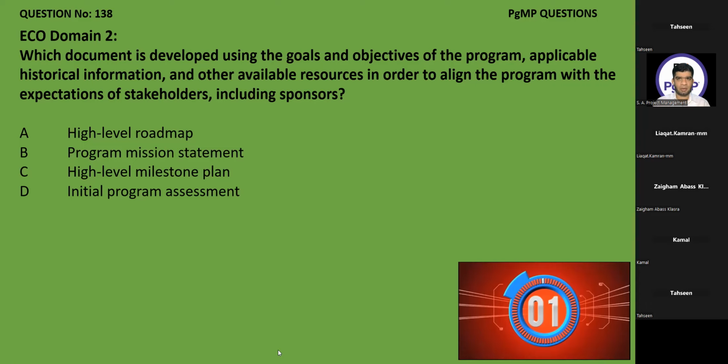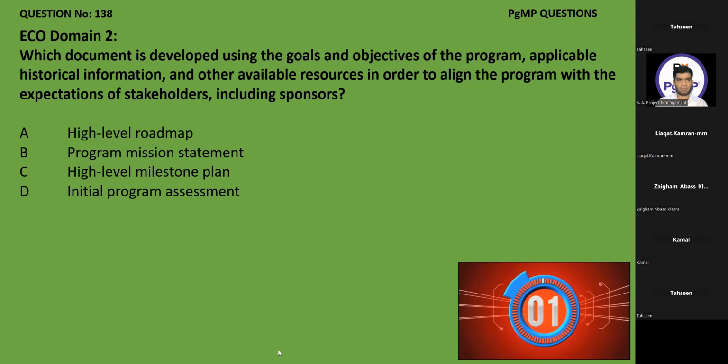Which document is developed using the goals and objectives of the program, applicable historical information, and other available resources in order to align the program with the expectations of stakeholders, including a sponsor? The options are high-level roadmap, program mission statement, high-level milestone plan, initial program assessment. So what is the keyword here?